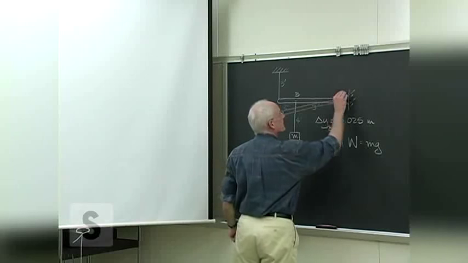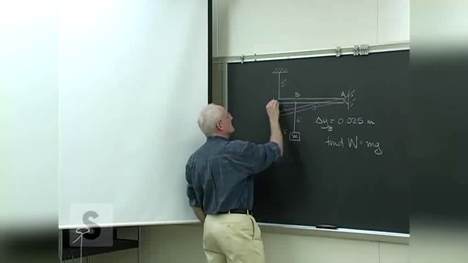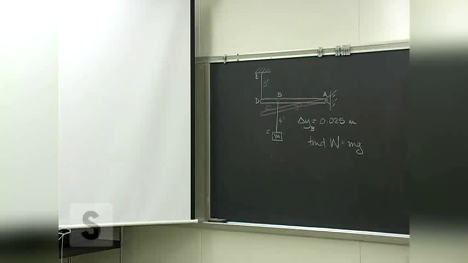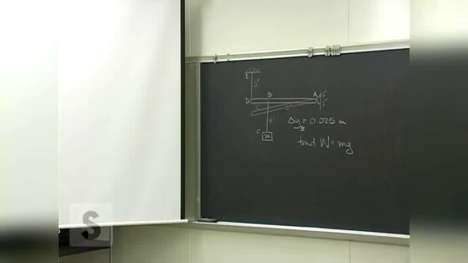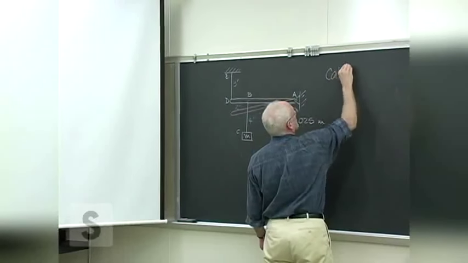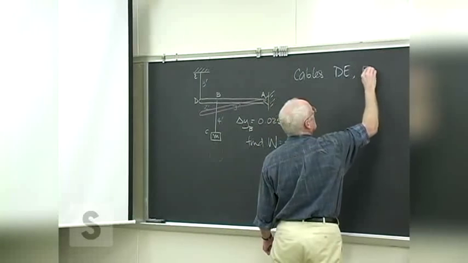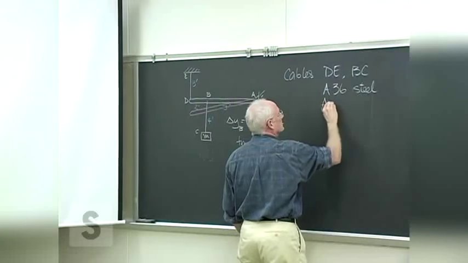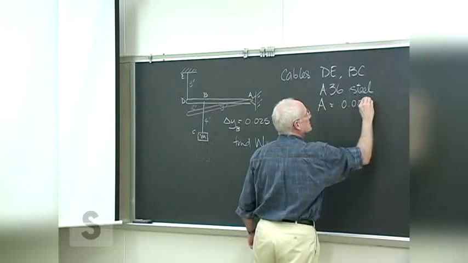Let's label the parts for reference: A, B, C, D, E. We'll call this down here C, this one D, and E. Both cables are of what's called A36 steel, with a nominal cross-sectional area, for cables BE and BC, of 0.002 square inches.